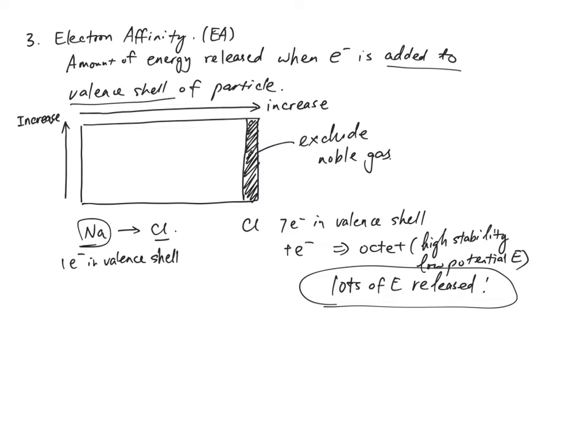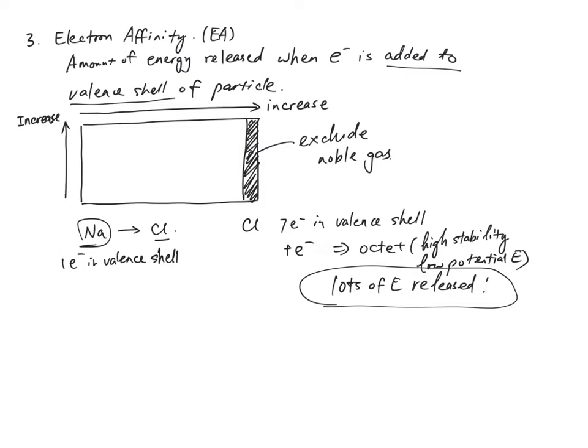Adding one electron, I'm getting closer to an octet, but it's still so far away. Two electrons, I'm still six away from an octet. So yeah, I'm going to release a little bit of energy, but don't expect me to jump up and down for getting this one electron, because I'm still way, way, way away from an octet.